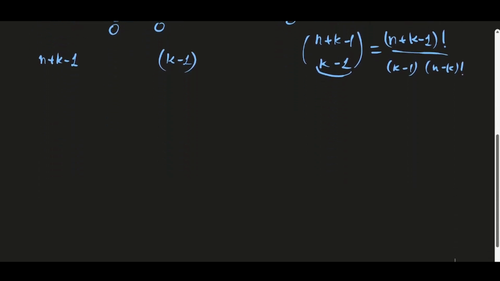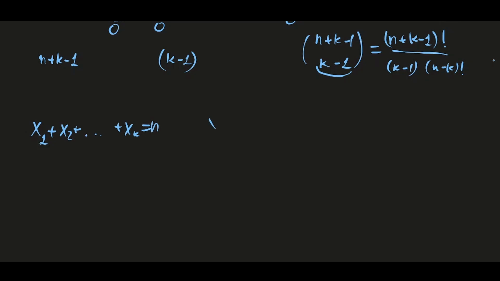Here we can see several different applications of stars and bars. Sometimes, instead of non-negative numbers, we may have positive values. For example, if we have x1 plus x2 plus ... plus xk equals n, but each xi is greater than 0.